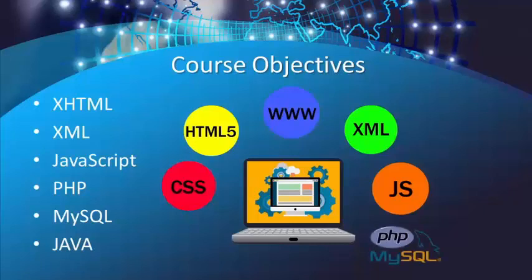Next, we are using PHP and MySQL. PHP is a server-side scripting language and MySQL is a database used in the backend, and PHP is used to interact with MySQL, and it will help a lot in creating dynamic web pages. Similarly, we are using Java also in server-side processing.